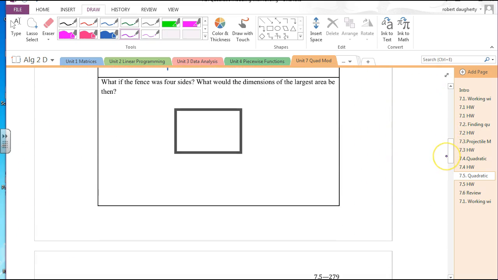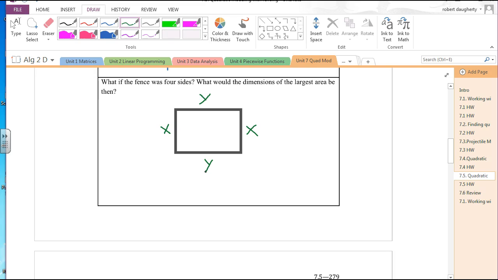Let's look at another example. Same problem. How would this problem change if that fence, instead of being 3 sides, was 4 sides? Okay. So let's see how that would change. This is x. This is x, right? This is y. And this is y.